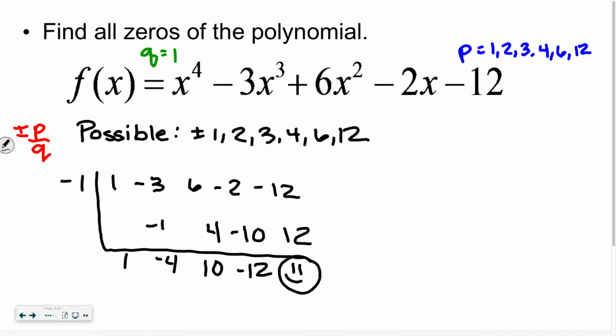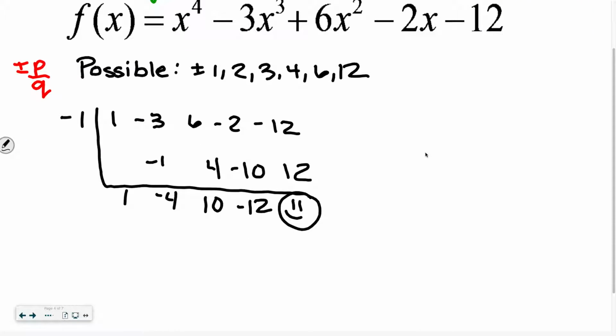Okay, now I'm just going to walk you through what I'm thinking about. You might at that point stop and see if you could factor the new polynomial, right? So this was x to the 4th, and this is x cubed, x squared, x and a number.